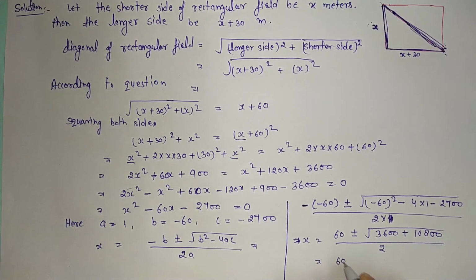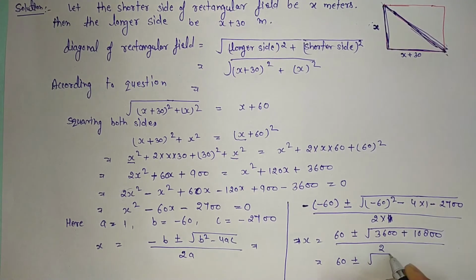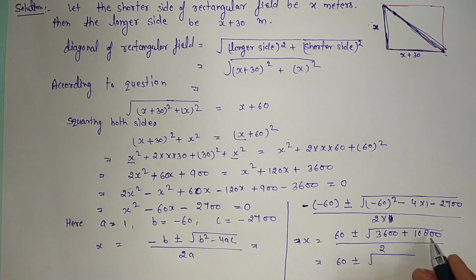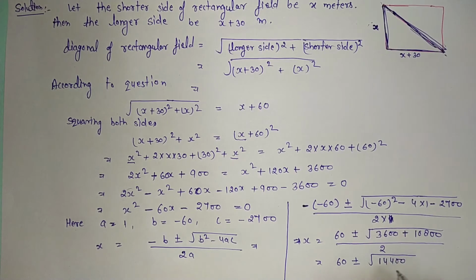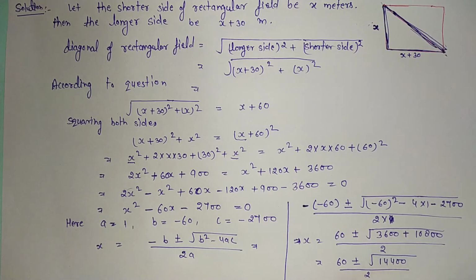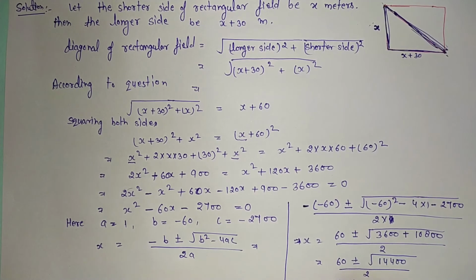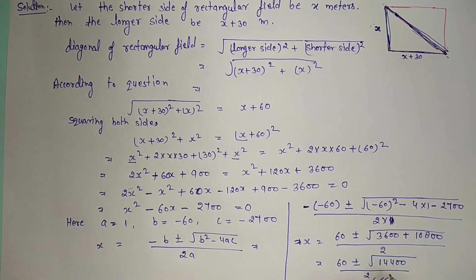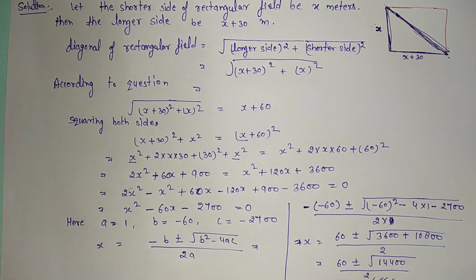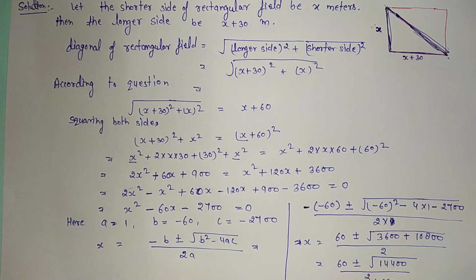We get 60 plus minus square root of 3600 plus 10,800, which becomes 14,400, divided by 2. And the square root of 14,400 is 120.